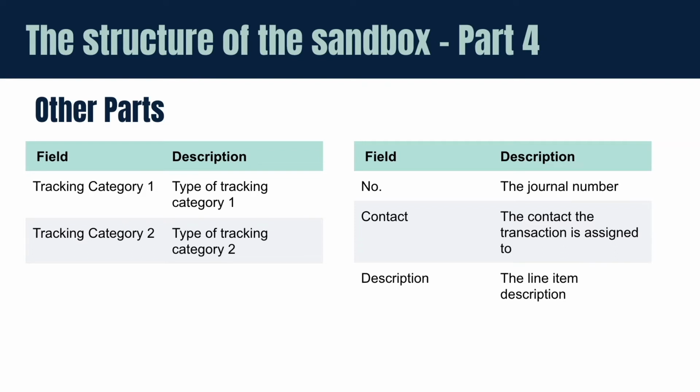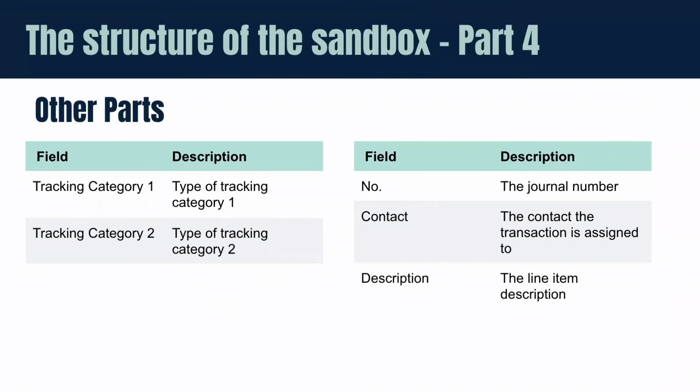We also have a description line if it has a description, and then the journal number. Every transaction should have a number assigned to it. So those are the 4 parts of the structure of the sandbox.